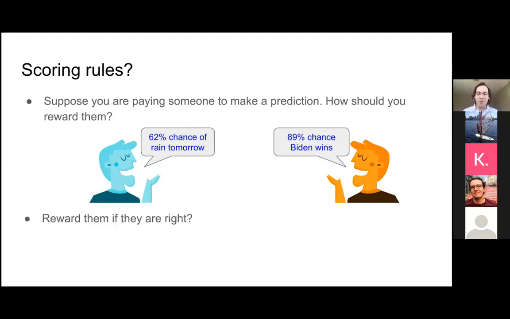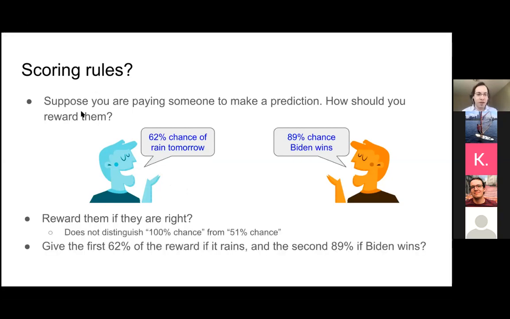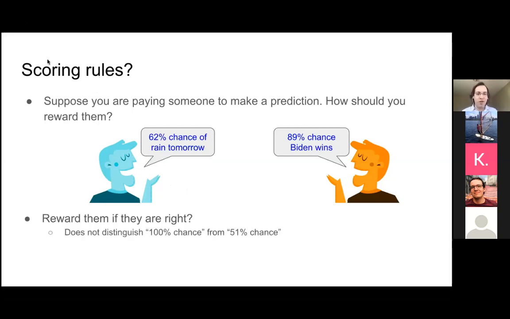Okay, but anyway, somebody gives you a prediction like this. Then what happens? Either the prediction comes true or not, presumably. You could reward them if they are right. But doing so does not distinguish a prediction that says 100% from a prediction that merely says 51%.